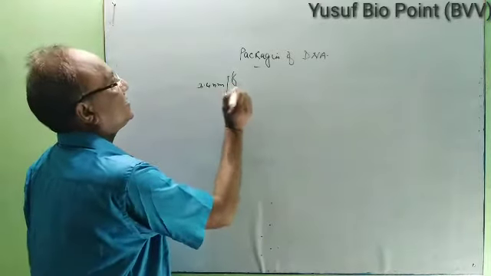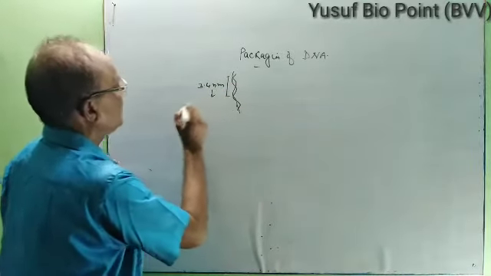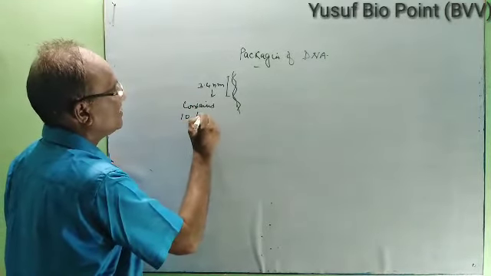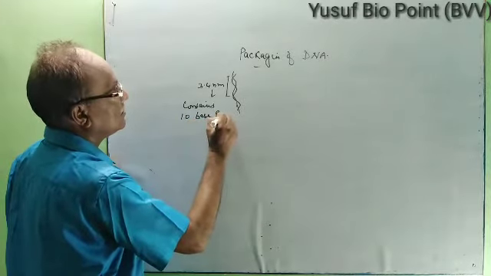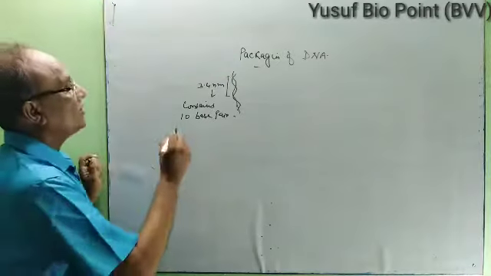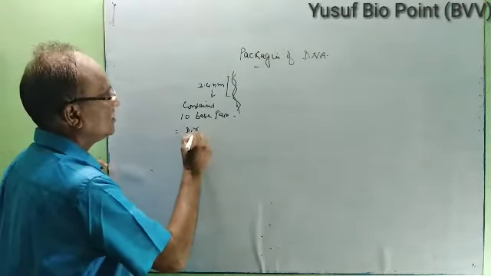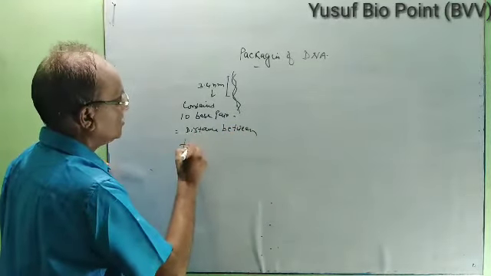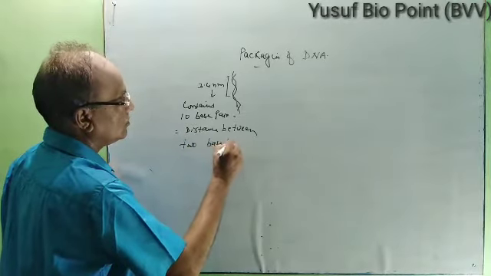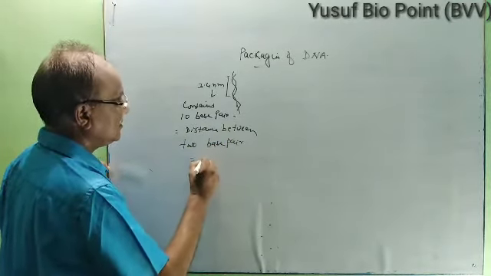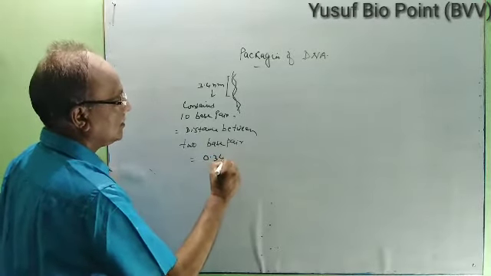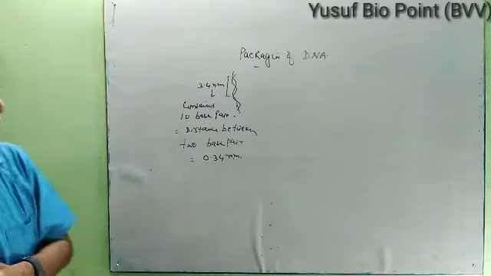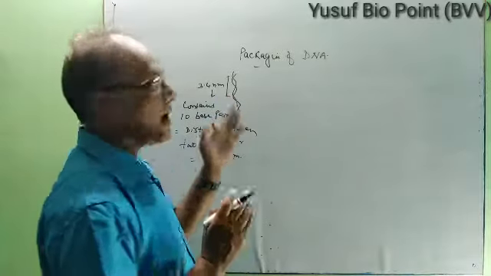In this there are 10 base pairs. So the distance between two base pairs is 0.34 nanometer. And how they are arranged.